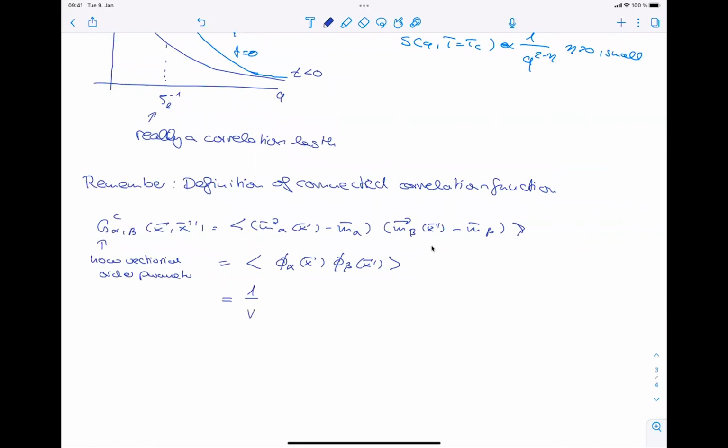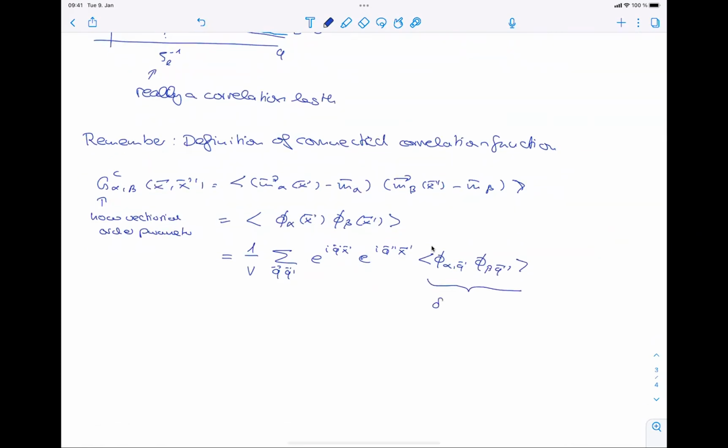We now go to Fourier space. These were defined as Q prime, e to the iQx, e to the iQ prime x prime, and then the Fourier transform.